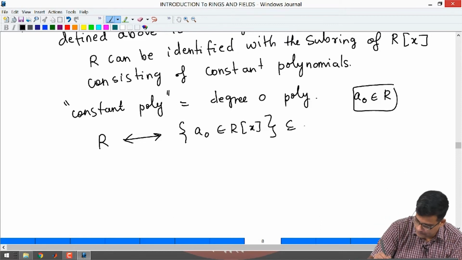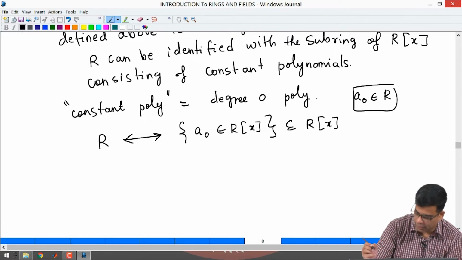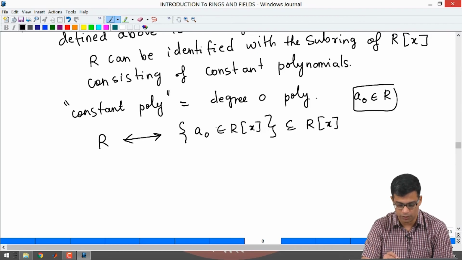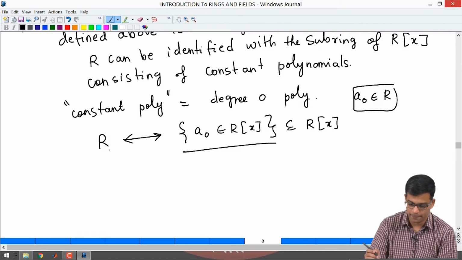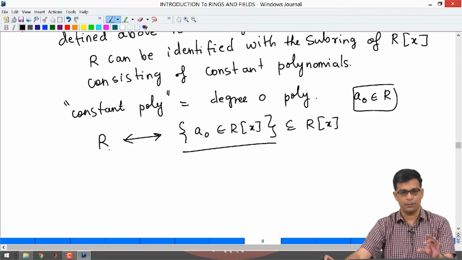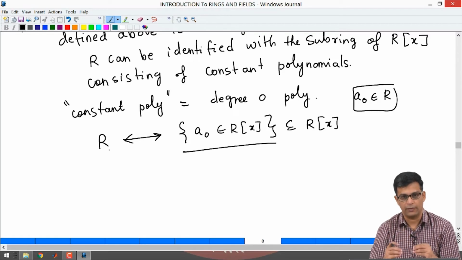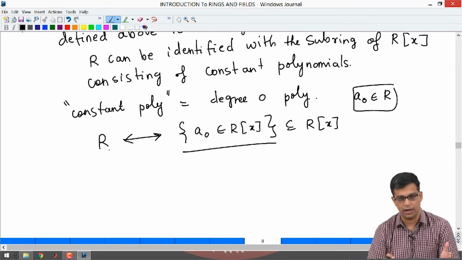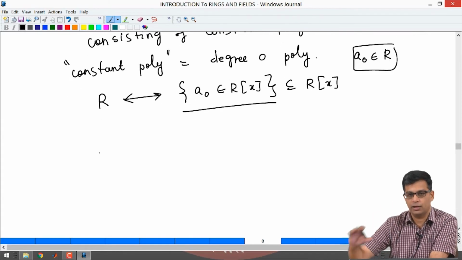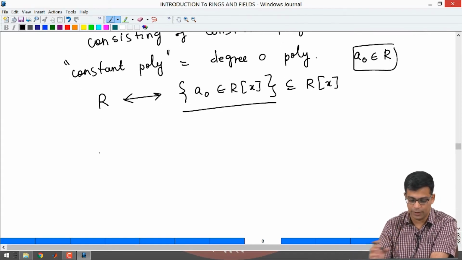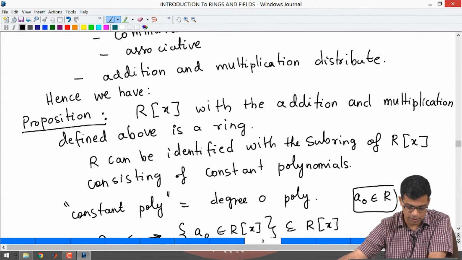So, this is a subring of R[x] that one can check quickly, because you can add elements and you will land here, and you can multiply, you will land here, 1 is there and so on. So, this is a subring and R can be identified with this. So, this is important for us. We have constructed a new ring starting with a ring R, and we called it the polynomial ring, and the new ring contains R as a subring. Okay. So, this is an important point.